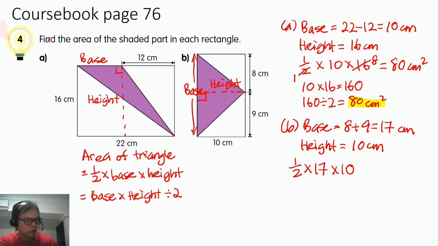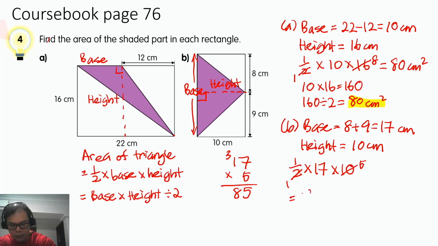In this case, I can simplify. 2 divided by 2 is 1, 10 divided by 2 is 5, so I can cancel them. So I'm left with 17 times 5. 17 times 5: 5 times 7 is 35, 5 times 1 is 5 plus another 3, so it's 85. So the area of the triangle is 85 square centimeters.